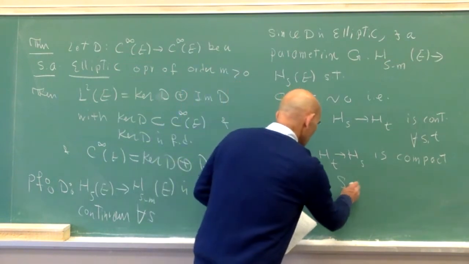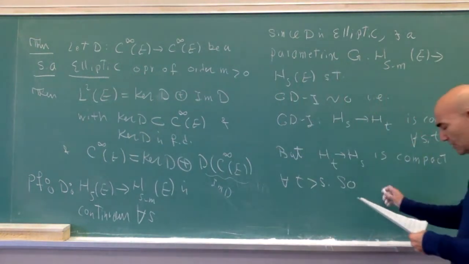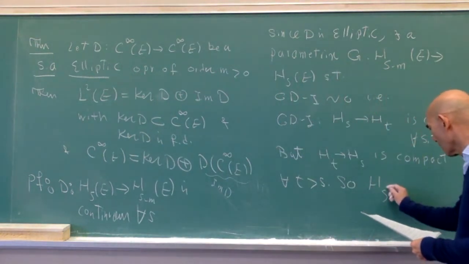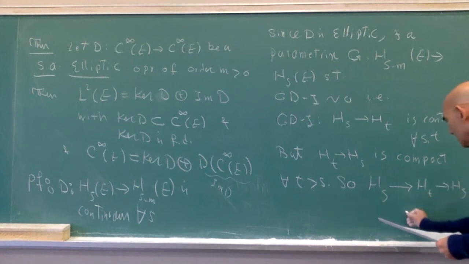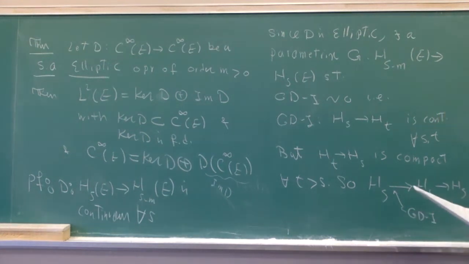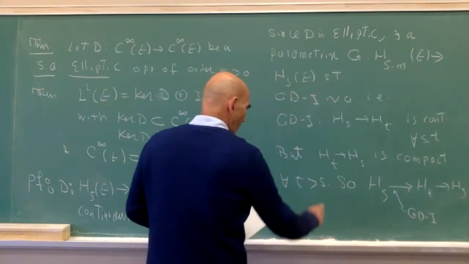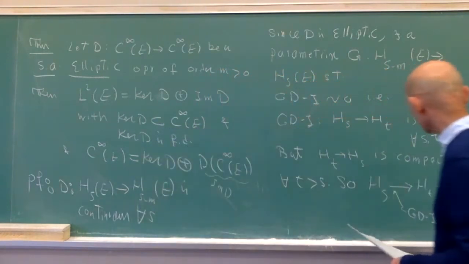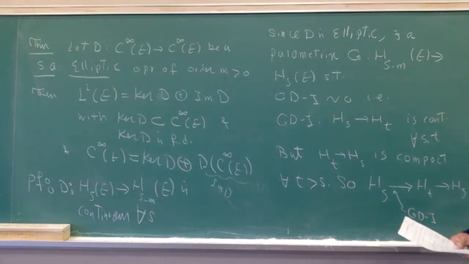So the idea now is this. H^s to H^t going to H^s. So this map, this part, GD minus identity, is compact. Sorry, GD will go from H^s to H^s, right?